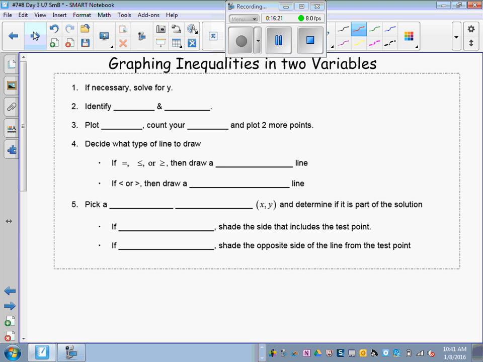Then you need to identify your slope and your y-intercept. Remember, your slope is the m value, your y-intercept is the b value. Some of you guys are still getting these flip-flopped. So identify the slope and the y-intercept.